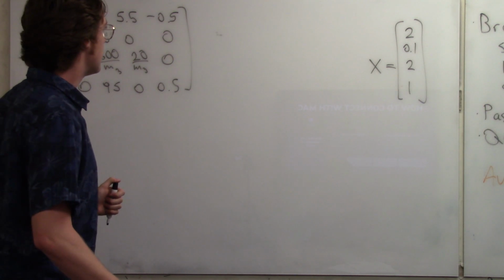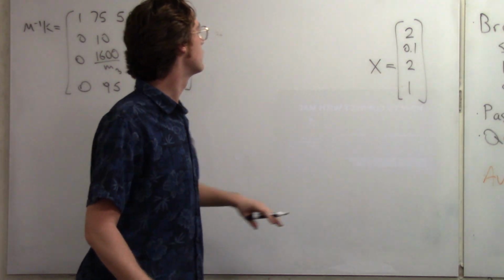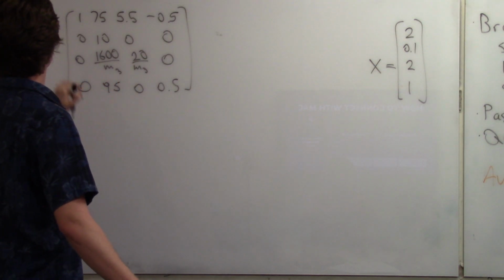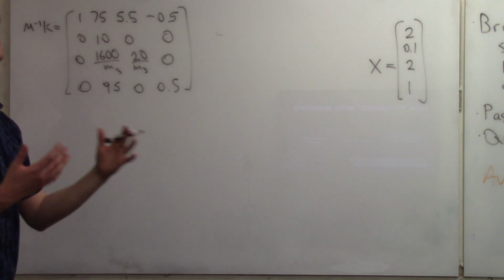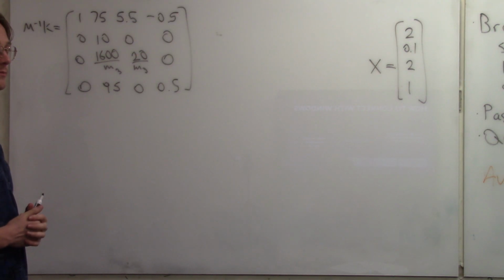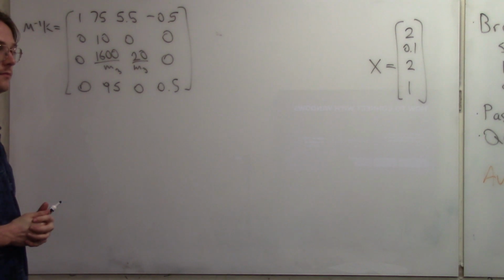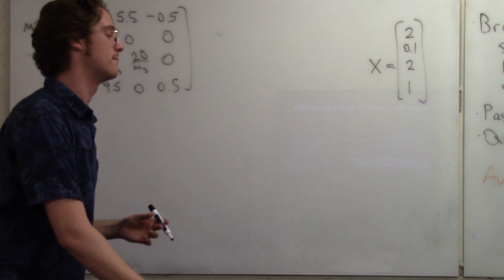So, now that we have our mode shape, we have our omega, we have our M inverse K, take a wild guess as to what we're going to do next. You're multiplying. We're going to do the eigenvalue problem, that's right.